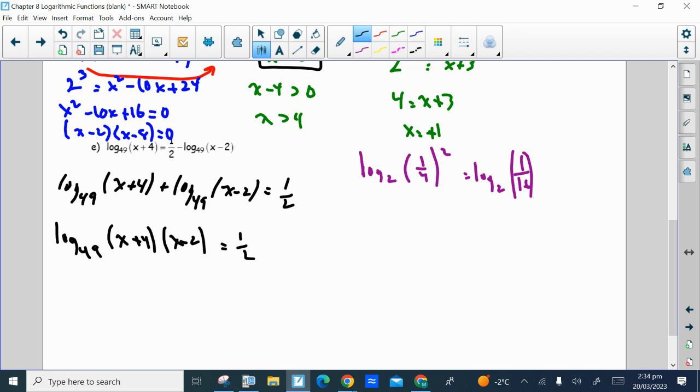This example illustrates why it is much easier at this step to convert to an exponential function. Instead of trying to write the positive 1/2 as a log with the base of 49, that's difficult to do. Not impossible, but difficult. Right? So it is better to convert from logarithmic to exponential.